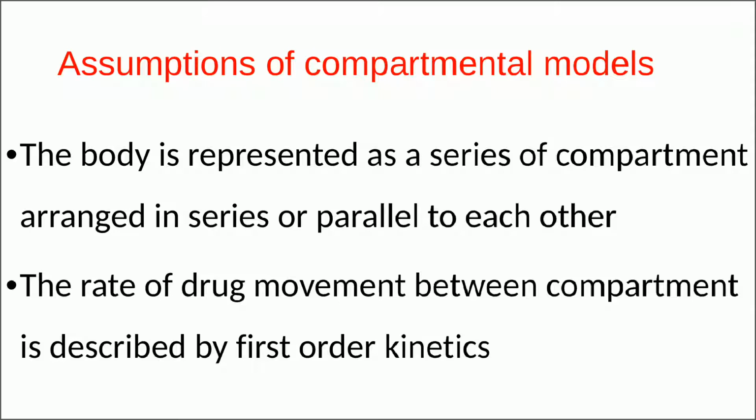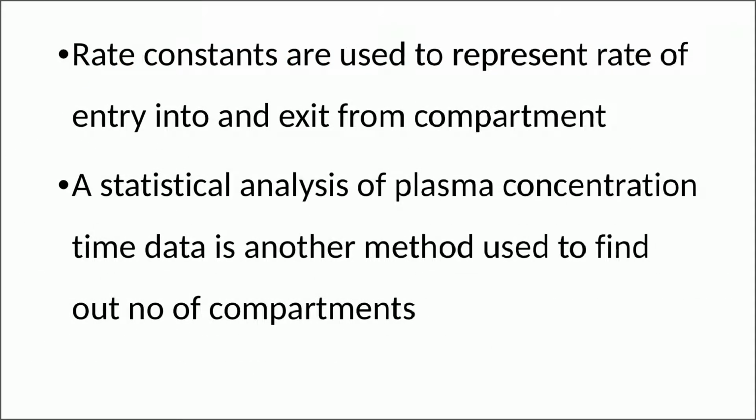The rate of drug movement between compartments is described by first order kinetics. So what is first order kinetics? The rate of drug movement depends on the concentration of drug. Now the rate constants are used to represent rate of entry into and exit from compartment.